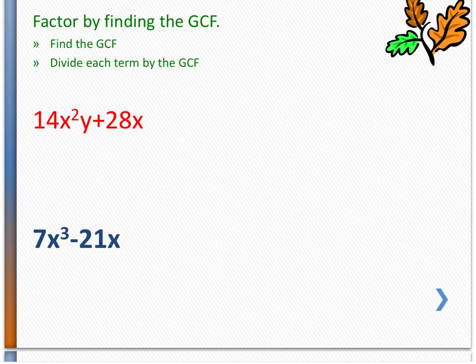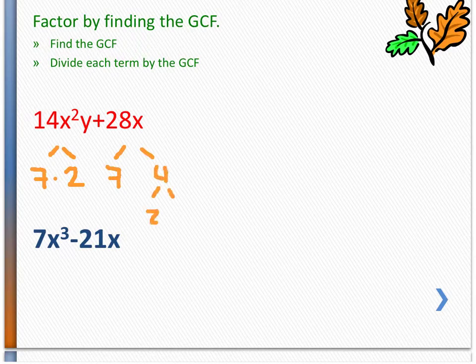All right, so now we're going to factor by finding a GCF. Now, we already looked at these terms earlier. When we looked at 14x squared y and 28x, we said 14 was 7 times 2, and 28 was 7 times 4. Okay? Now, I could break that down further, but remember, we're just looking at GCF here. So they both share an x, and the greatest common factor of the numbers is 7.